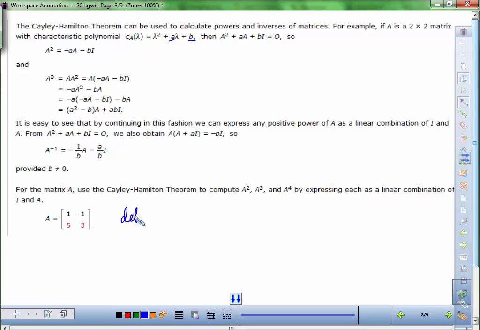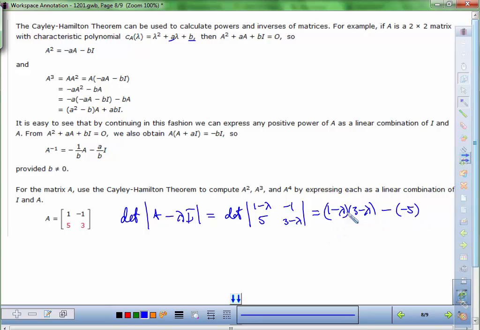So we find our characteristic polynomial. We want the determinant of A minus lambda I. So A is this, lambda I is just lambda, so we've got 1 minus lambda, -1, +5, and then 3 minus lambda. And the determinant of that is (1 minus lambda)(3 minus lambda) minus (-5), which, if we multiply it out, we're going to get lambda squared.